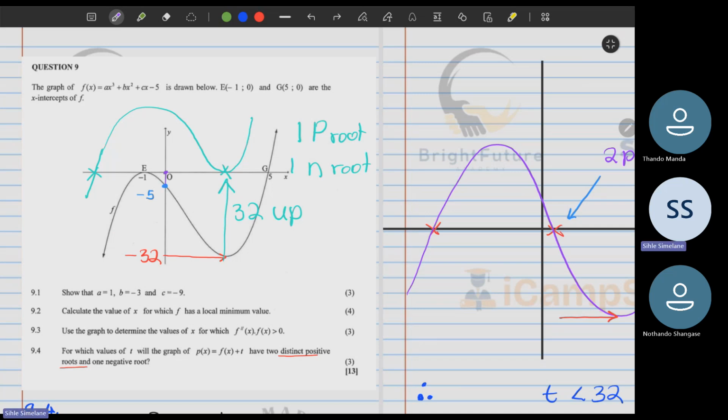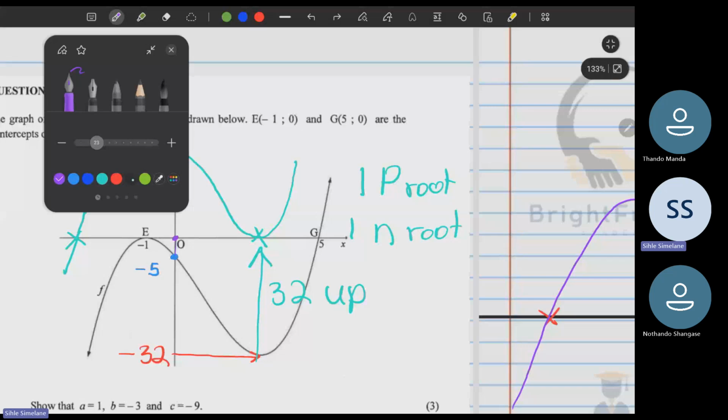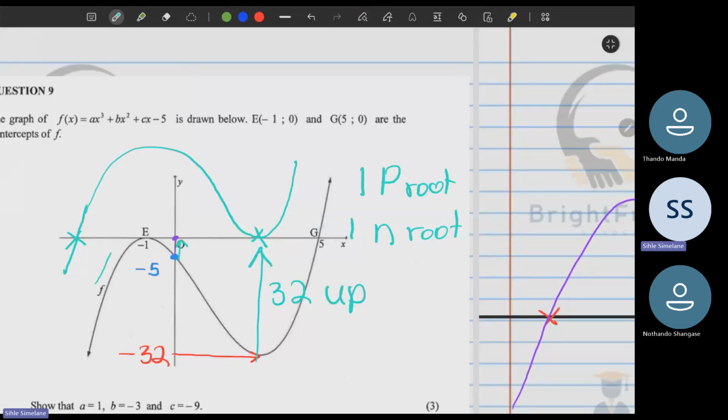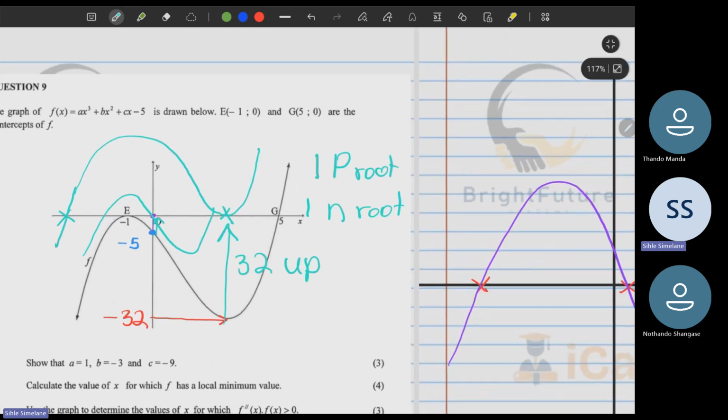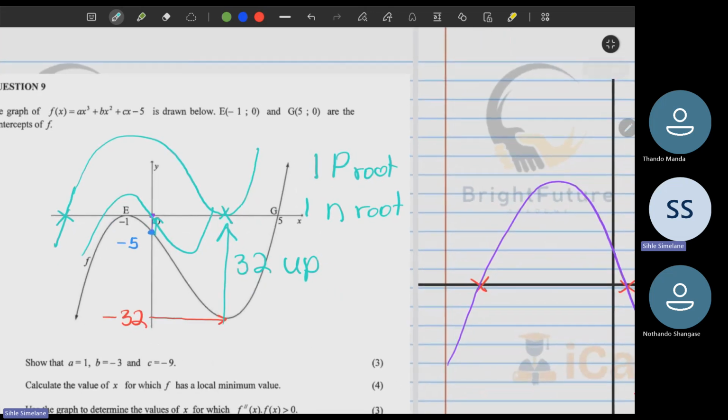Now let's think about it carefully. If we push this by 5 units up, how is our graph going to look? It's going to be something like this. And when it's sitting there, if we push it by 5, do we have 2 positive roots when our graph is cutting at the origin?